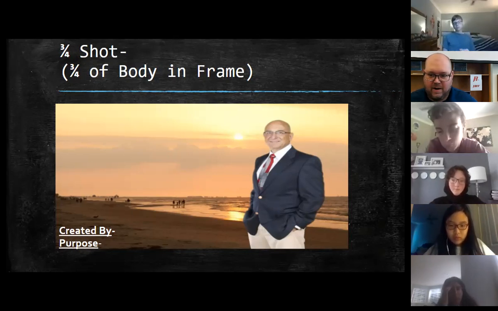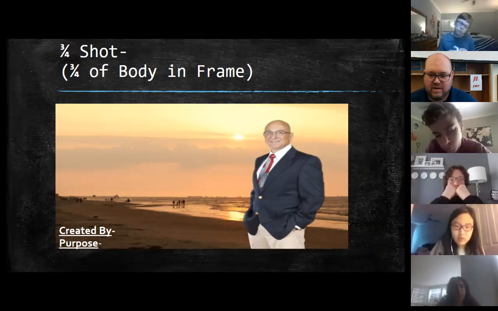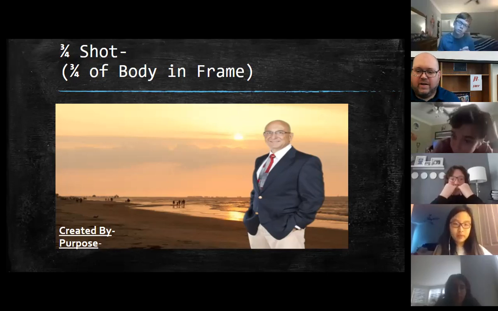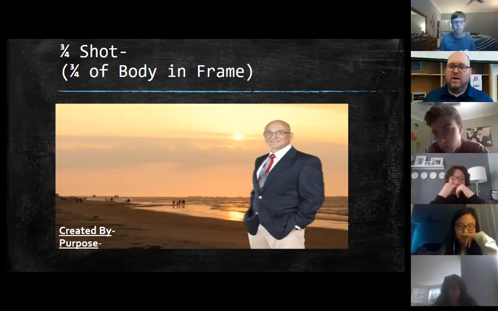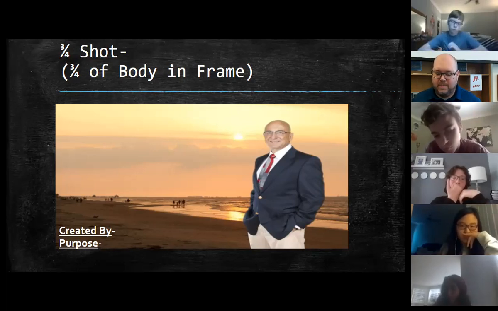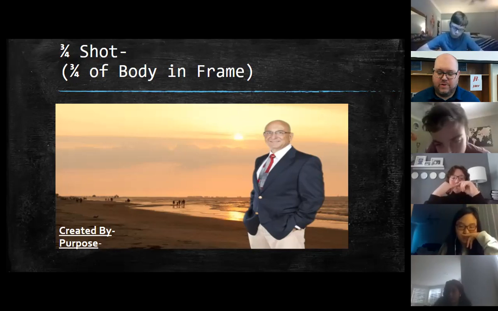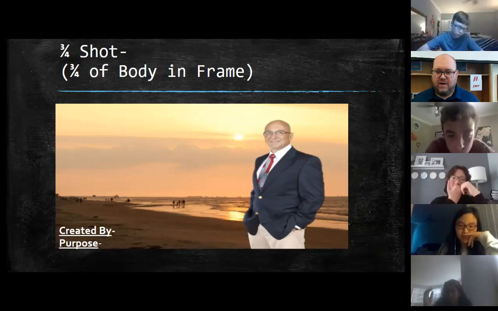Where's our bottom cutoff going to be? The waist and above? But the legs would be cut off. If I was to divide a human in half, the waist would be the middle, right? So now I need to take the bottom half, which would be from the waist to the toes, and divide that in half to find a quarter.